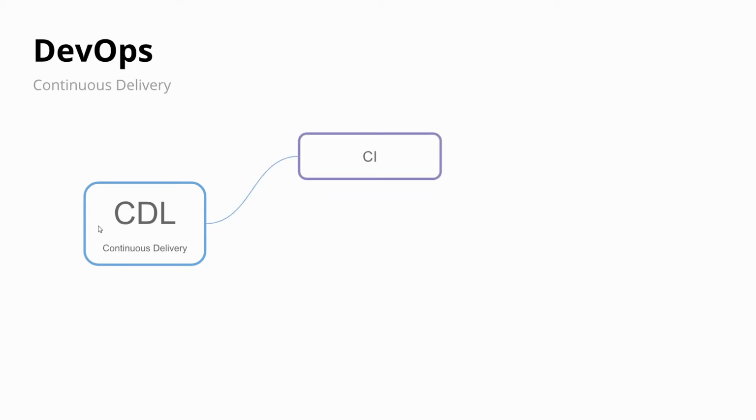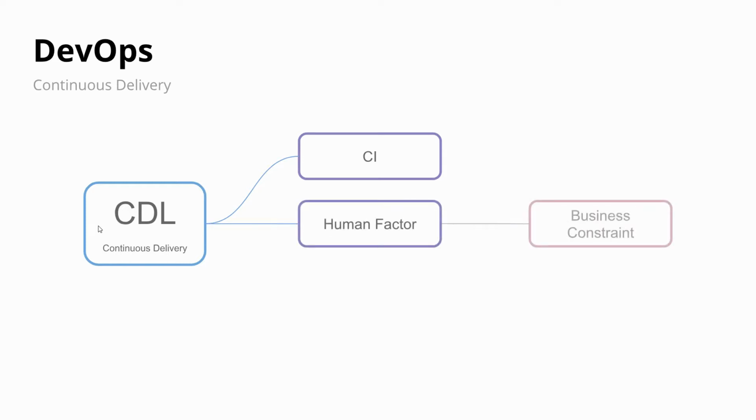A very important characteristic of continuous delivery, of course, is that you'll need continuous integration first. But the most important part of continuous delivery is that there is a human factor in between, which means that it is not fully automated. People at your company are going to have the last word on whether something is decent enough to reach the final stage.